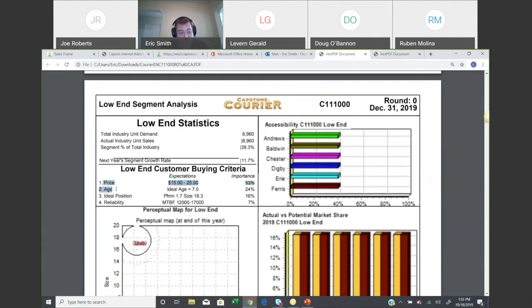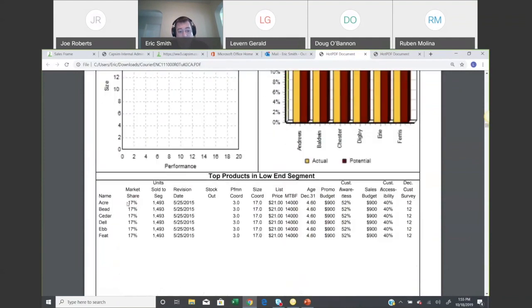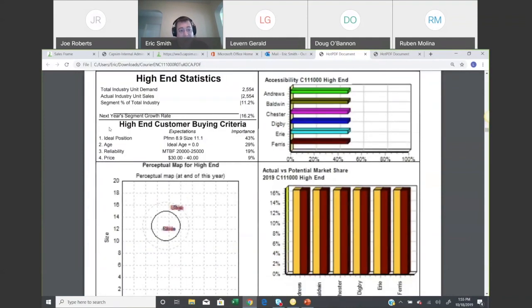These four things, the price, the age, the positioning, the reliability, are going to change from one market to the next. So as the students are making their decisions, I just want them to know that it's not about just having the lowest price in each market or having the best positioning.